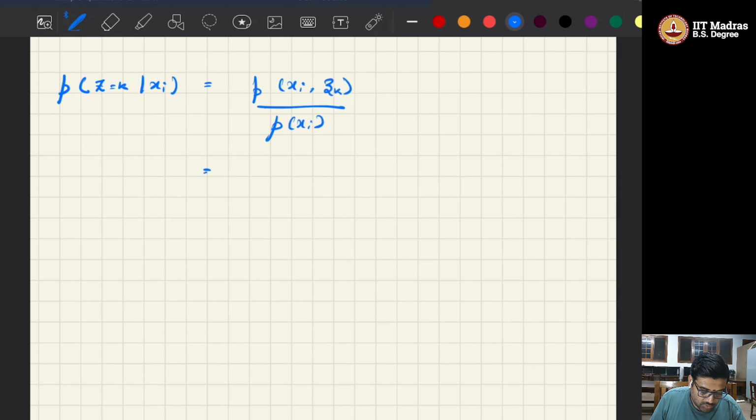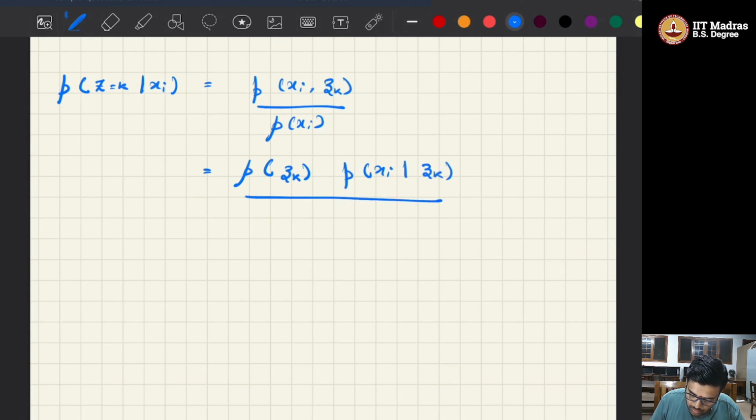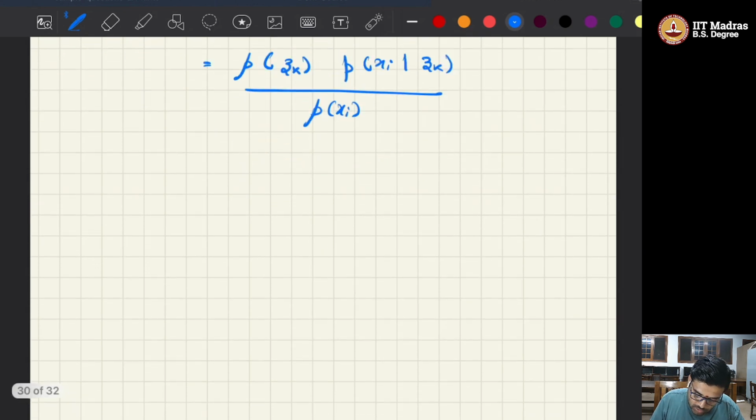By using the Bayes rule, I can write it as probability of Zk times probability of Xi given Zk, divided by probability of Xi. Now I know these substitutions.